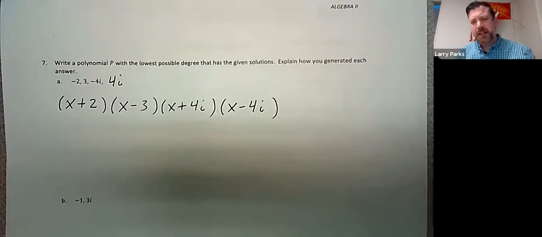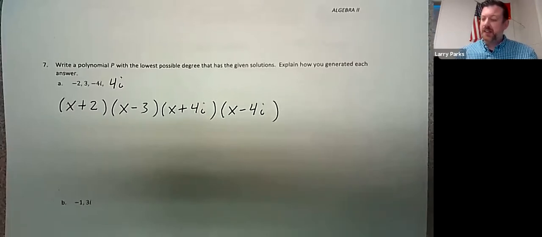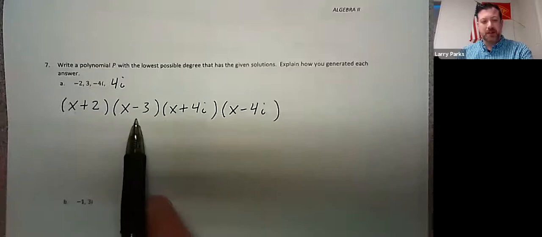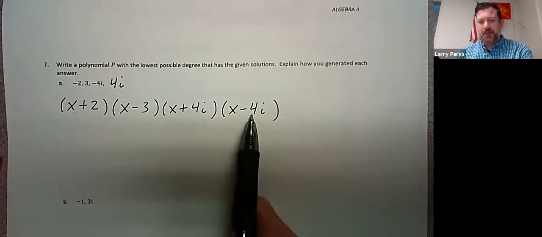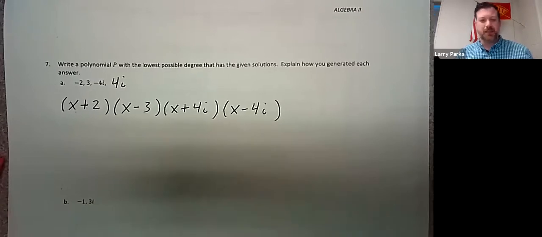You would then multiply all that out, which we're not going to do. That would take way longer than the time I have. That would produce x to the 4 plus something, something, something. That's not in your practice, but I did want to show you how you would do those in case you ever saw those anywhere. You would just take x plus 2 times x minus 3, and x plus 4i times x minus 4i, and then simplify that.